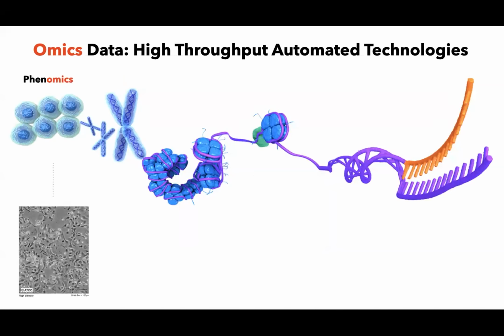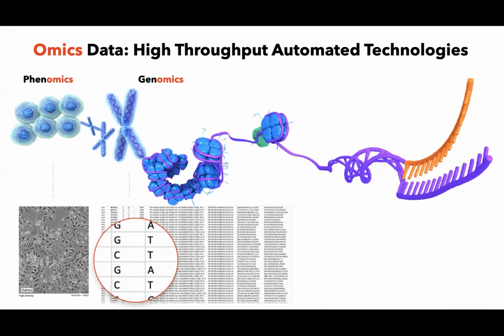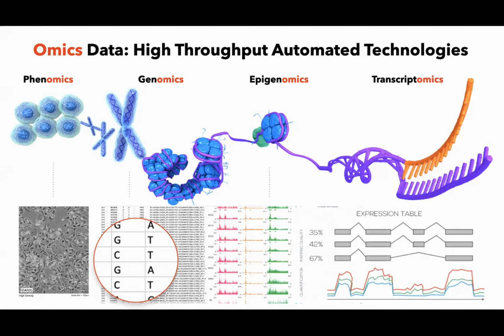What kinds of data are we going to be dealing with? Primarily, we're going to be talking about omics data. This includes phenomics, genomics or DNA variation, epigenomics like bisulfite sequencing, so DNA methylation, or ChIP-seq, where you're looking at histone modifications, and transcriptomic data, including some other types of data sets like metagenomics. All of these data sets have to be processed to be useful.